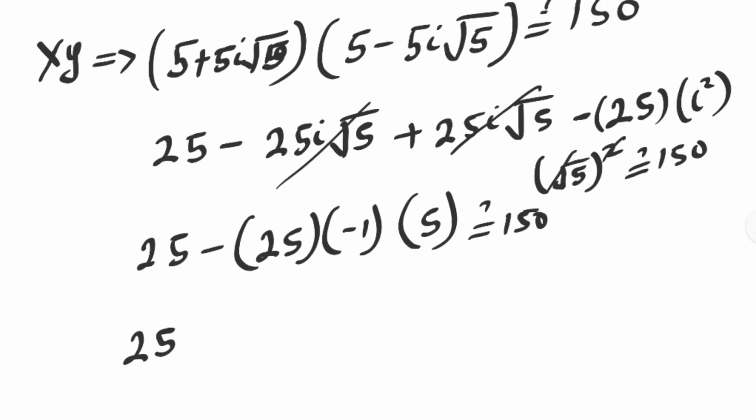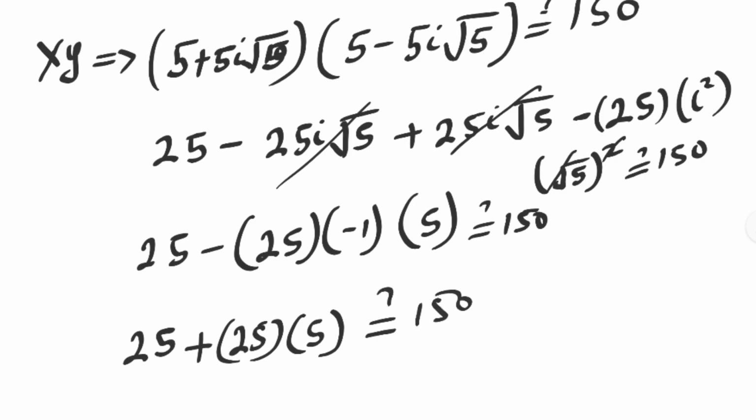Here, now we have minus times 25, that is minus times 25 times minus 1. That will be plus 1 times 25. That is 25 times 5 plus 25 multiplied by 5 must be equal to 150.